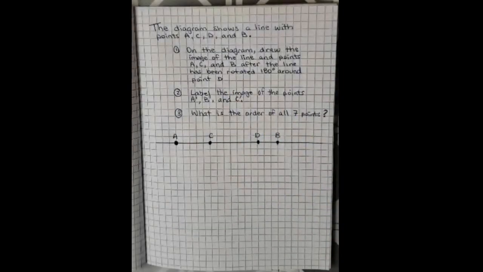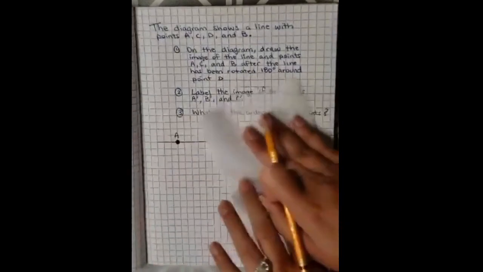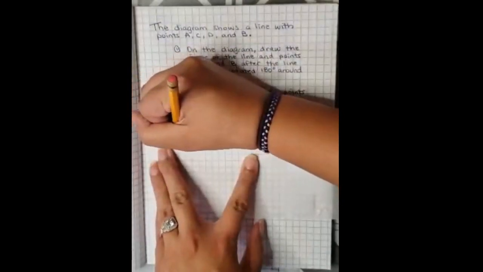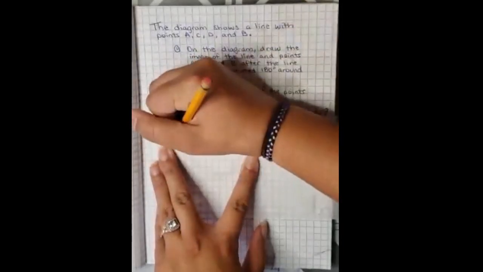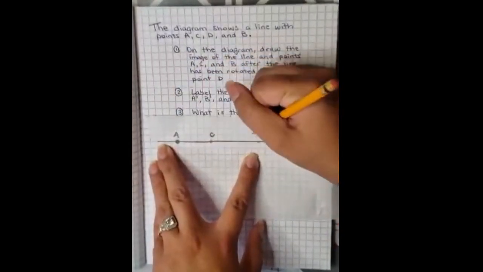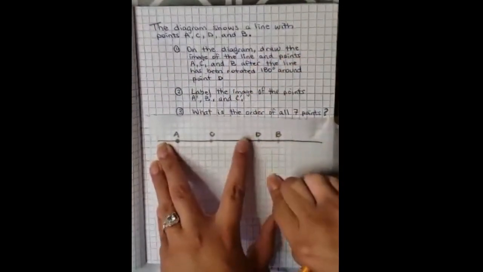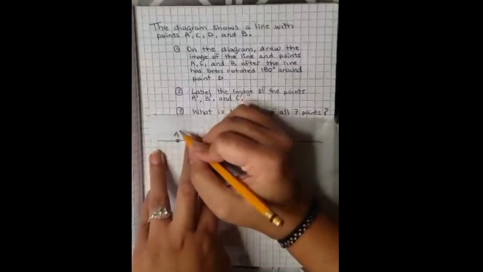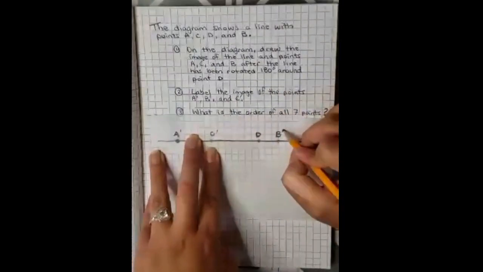So what I'm going to do first, I'm going to take my tracing paper and copy my line. So we're going to trace it. Let's put my point A, my point C, my point D, and my point B. And now we're going to be creating our new A prime and C prime and B prime.